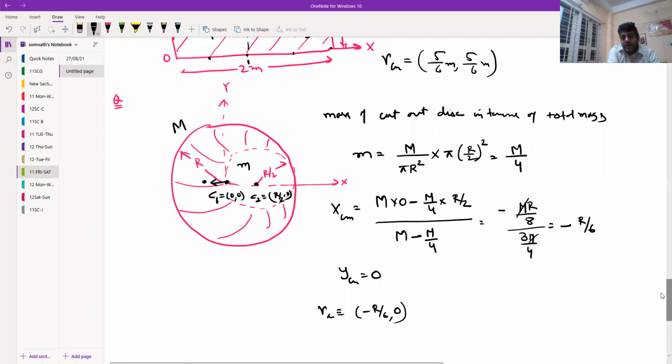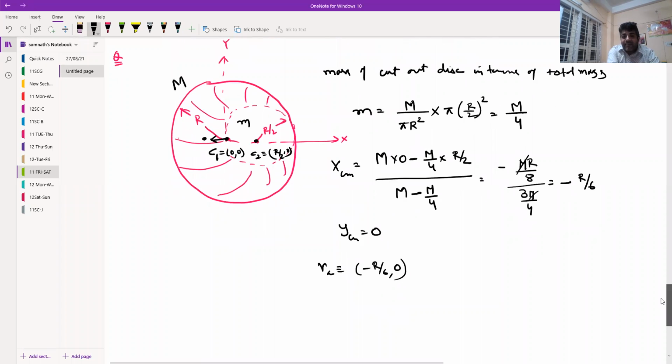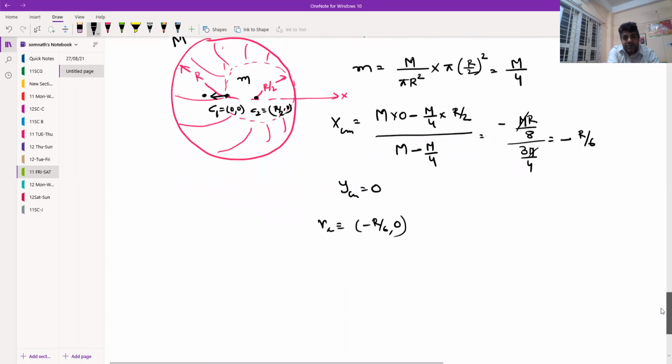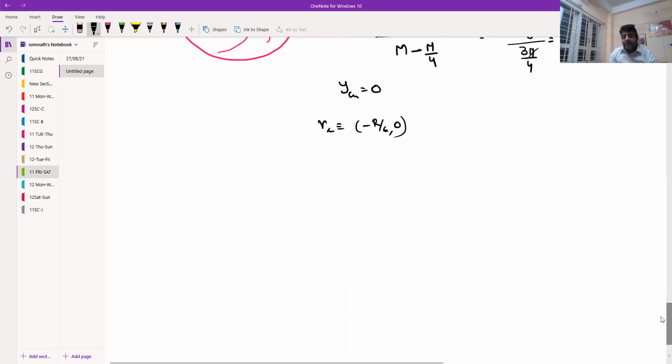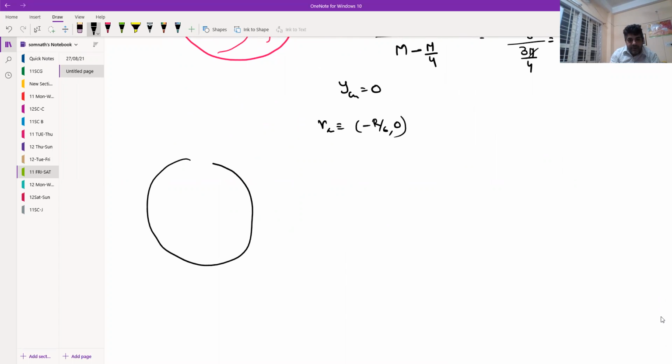Now in the same question, suppose instead of cutting out, they say that we are adding the same material, radius is r by 2, and this one you have to add extra.